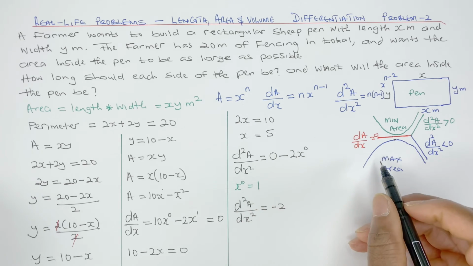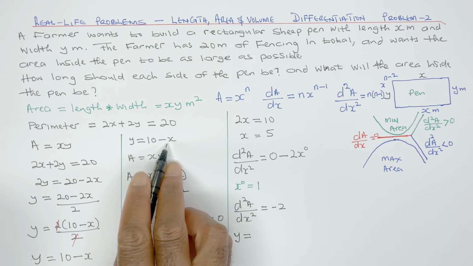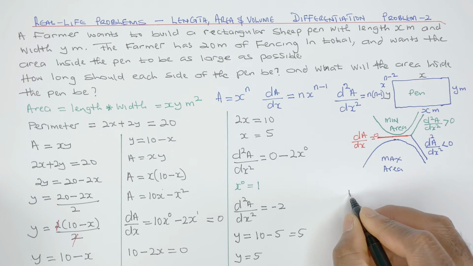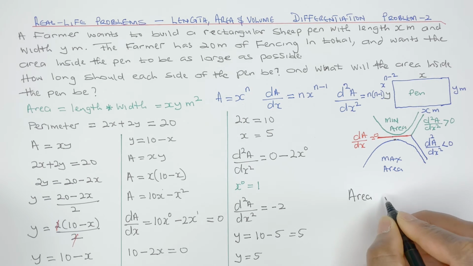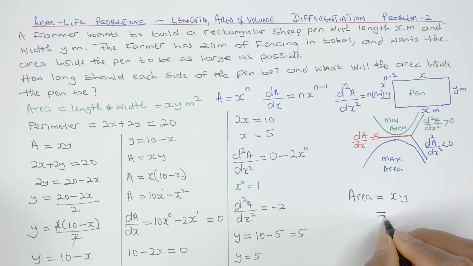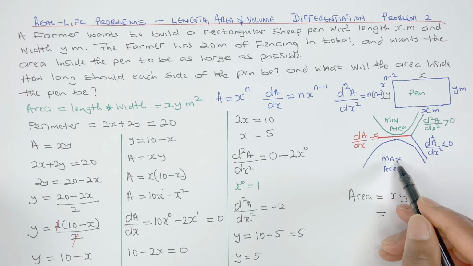When x is 5, we need to find y. So y equals 10 minus x. So y will be 10 minus 5, which equals 5. Therefore, y equals 5. Now the area will be equal to xy. We know x is 5 at the maximum.